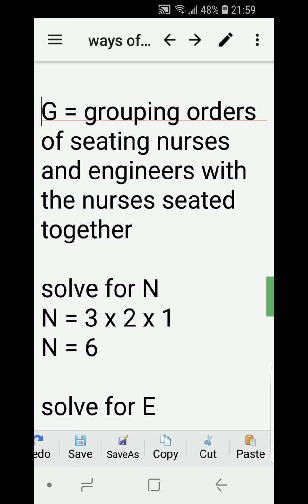And then G is for grouping, the grouping orders of seating the nurses and engineers with the nurses seated together. And you will see much more clearly when I show you the diagram later.